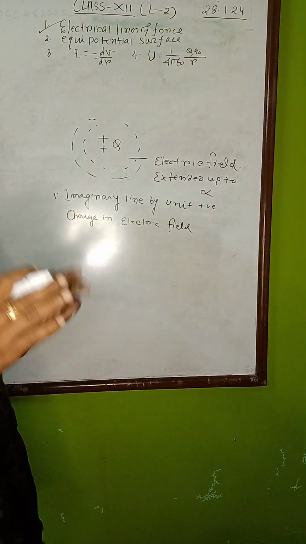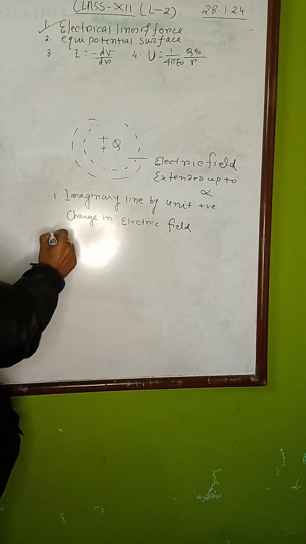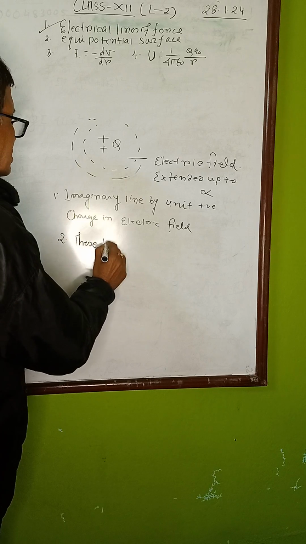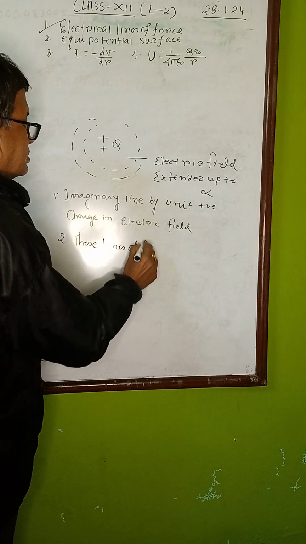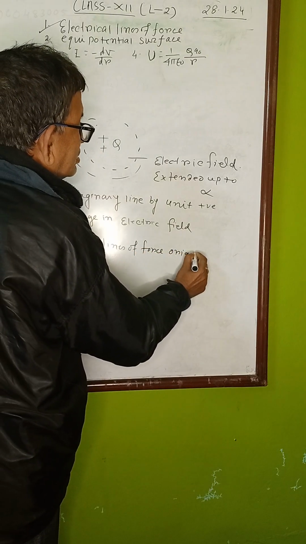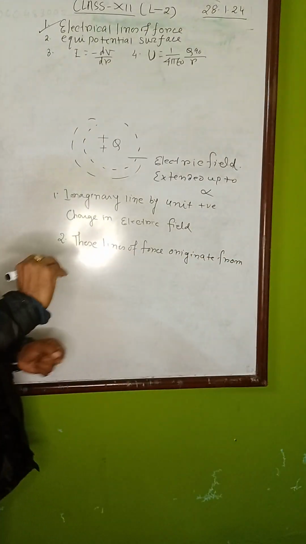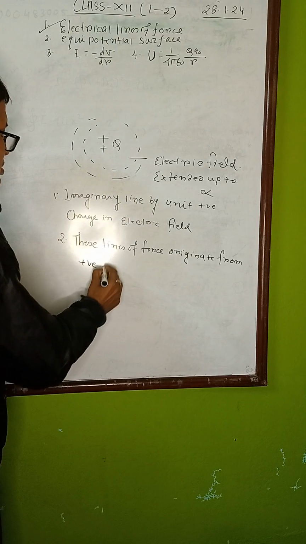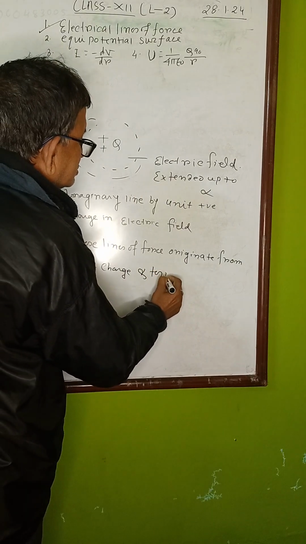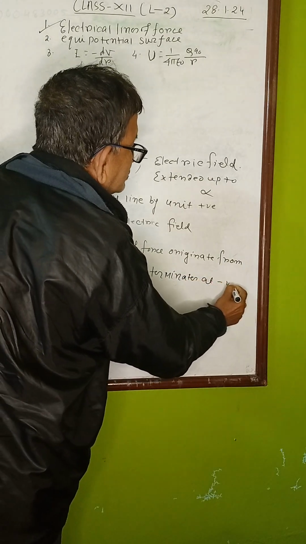Now there are some properties of electrical lines of force. Property 1: these lines of force originate from positive charge and terminate at negative charge.